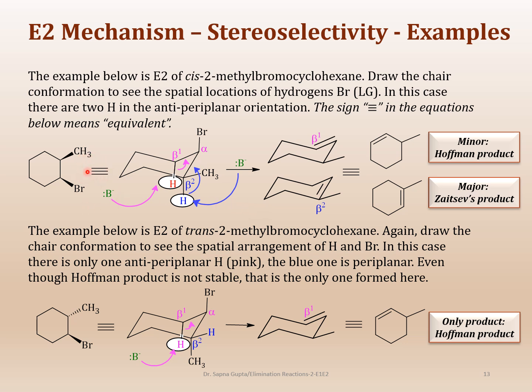So first of all, this is an equivalent symbol. And so you'd convert this into a chair conformation. There is no way you can look at this and figure out what's going on. And if you do that, it means you did not do all the work. And when I give you stereochemistry over here, it means that I would like you to go ahead and draw the chair conformation, because I want you to look at the stereoselectivity of the leaving group.